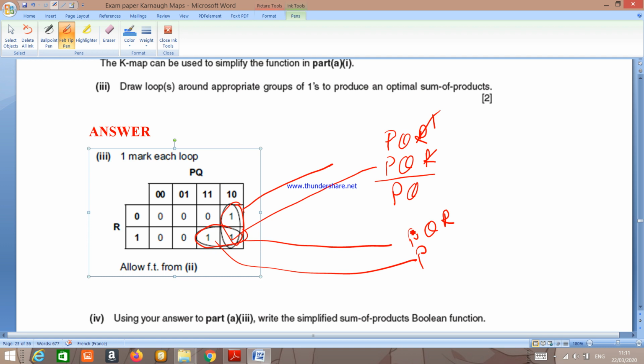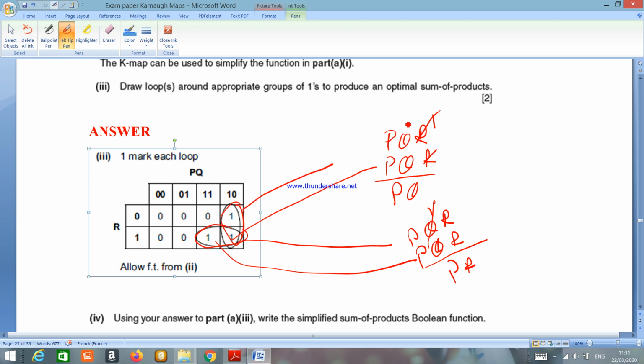This is P, Q dash, and R. Now this one is P, Q, and R. The Q cancels, you get P, R. Let's check we are not mistaken. Here I think we made a mistake.